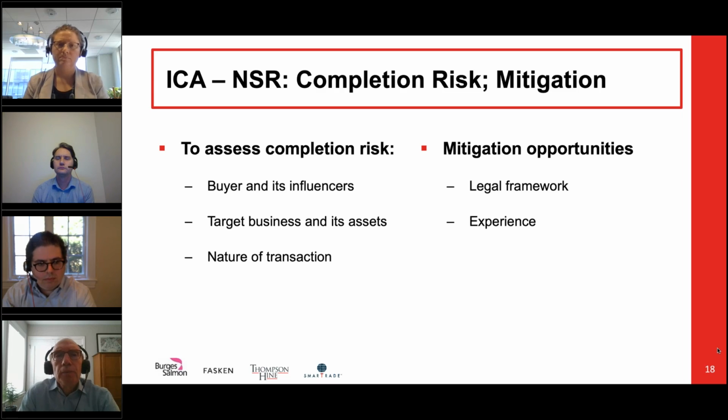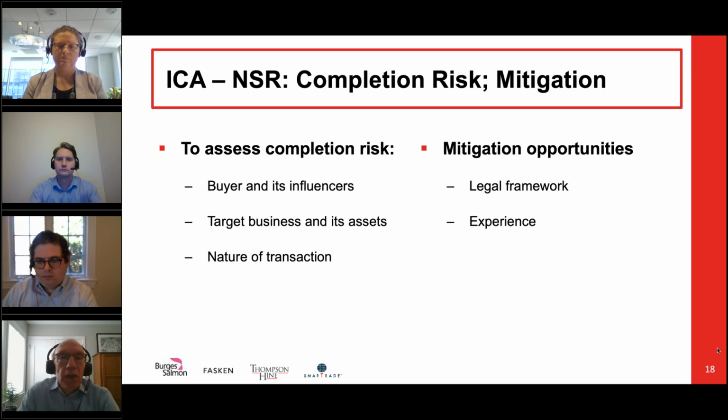Also, you'll want to take a very close look at the target business and its assets. Does the business involve the supply of critical goods? Does it service or supply critical infrastructure? Are controlled goods involved? Is personal data involved? Are assets located close to sensitive installations, for example, military installations?